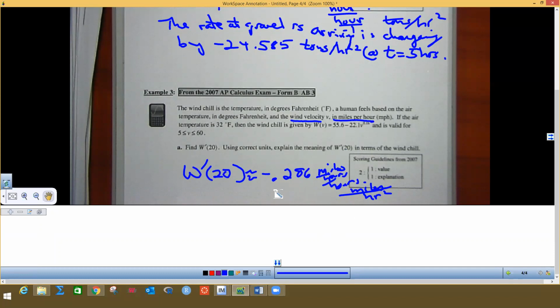Now I'm supposed to interpret that. Now, what are we talking about here? We're talking about the wind chill, how the wind chill is changing.